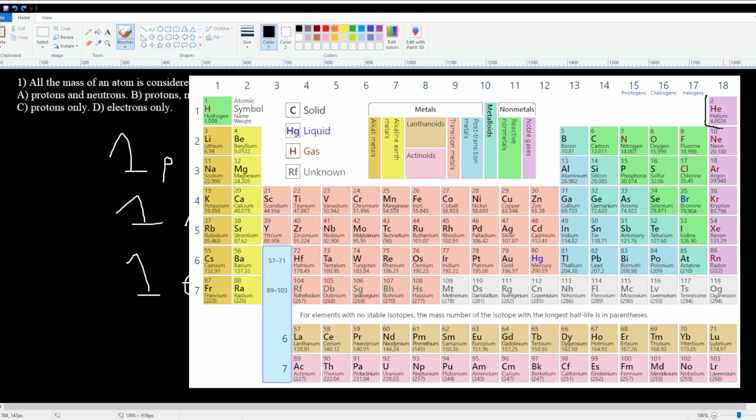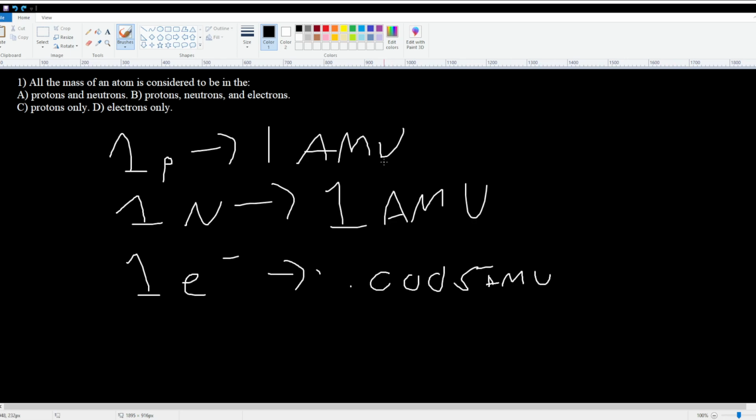Helium has 2 protons and 2 neutrons, so it has an atomic weight of 4. Lithium, 7, beryllium, 9, etc. So when talking about the mass of an atom, we are only considering the protons and the neutrons. So the answer is A.